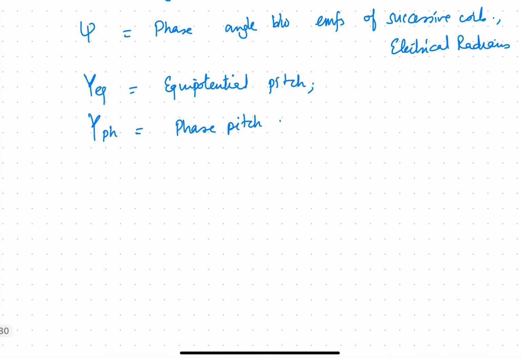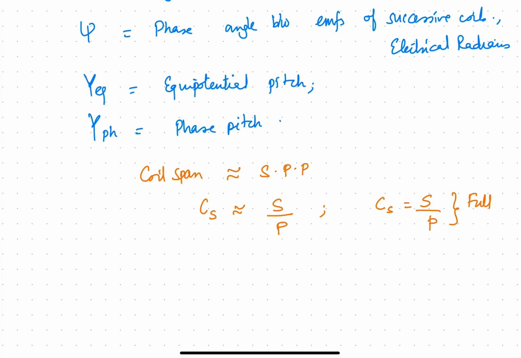One thing that we must always note is that whether the winding is lap or wave, the coil span must nearly be equal to the slots per pole, in short SPP. So the coil span CS should almost be equal to slots per pole. If it is exactly equal to slots per pole, this is the full pitch coil.